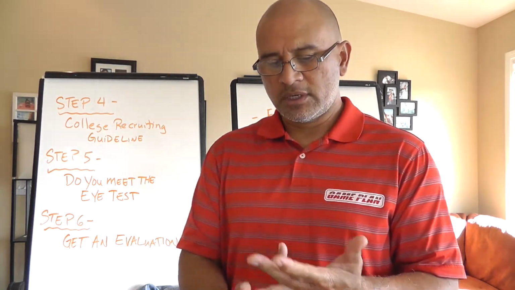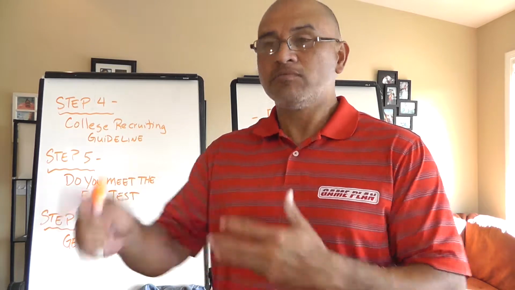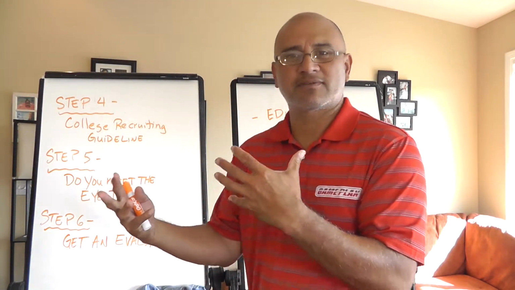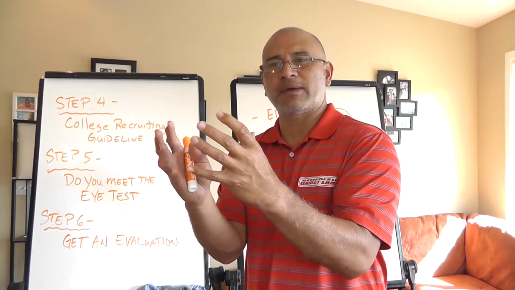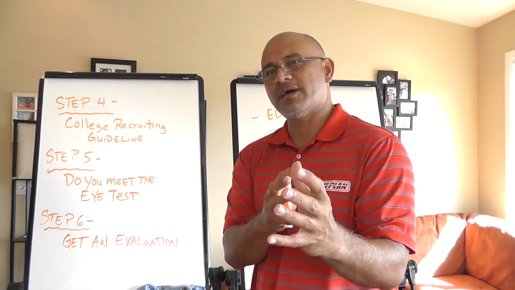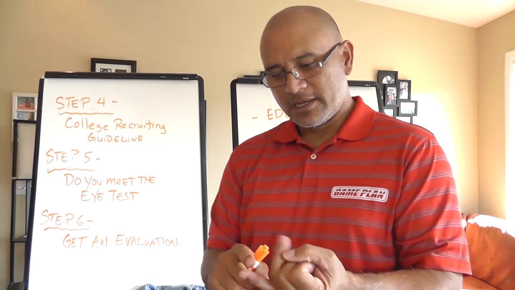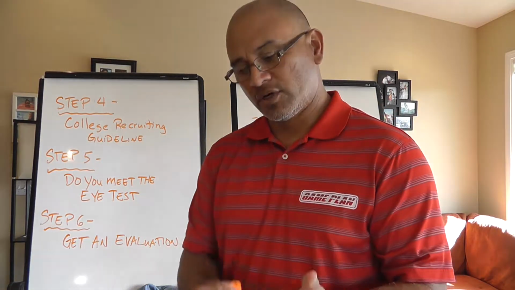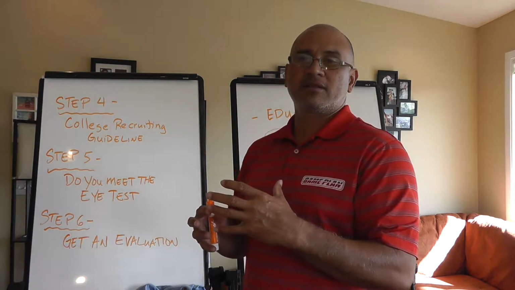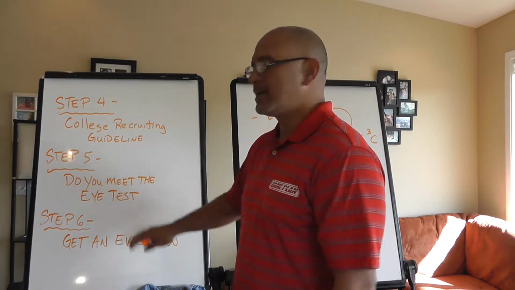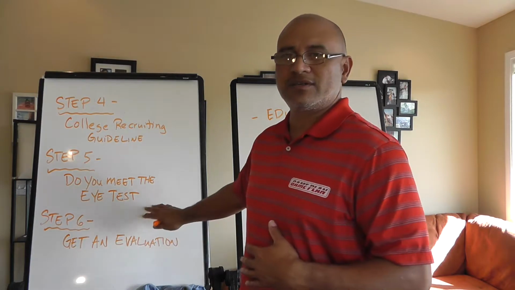Do they measure the character? Do you meet the eye test of the character? There's a certain type of athlete that they're looking for that possesses a particular attribute in their character. The other one is leadership. They're looking for a certain eye test student athlete in that variable. And so that's what I mean about eye tests.